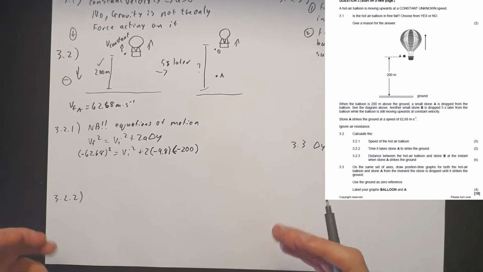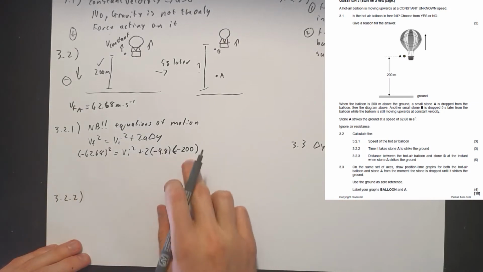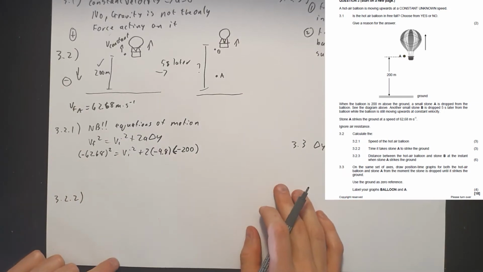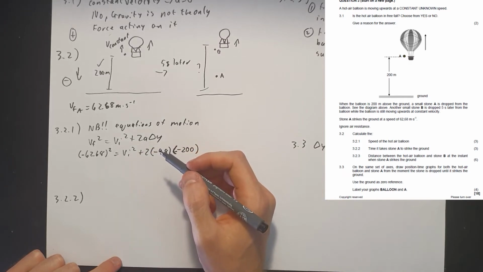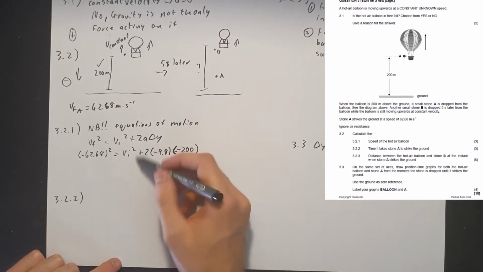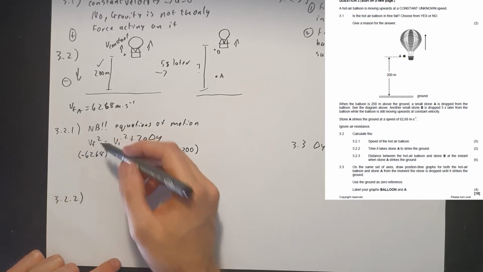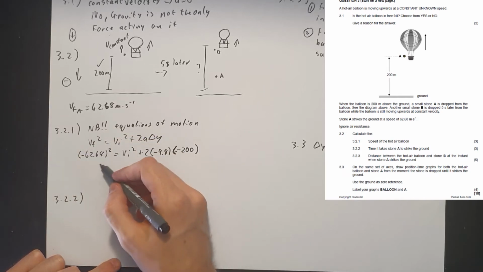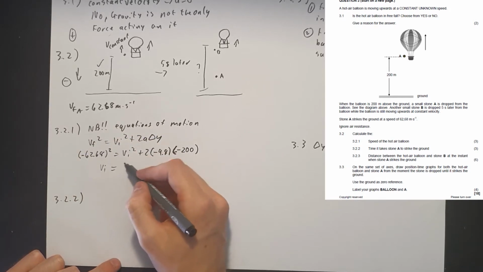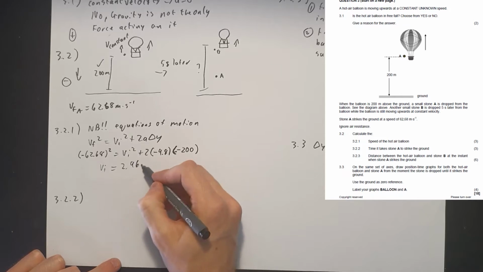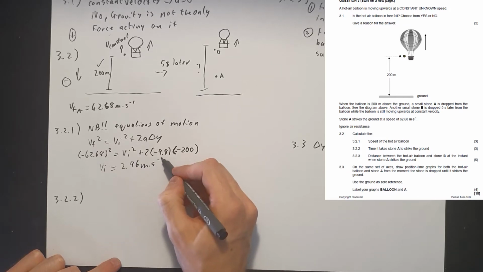If you took down as positive, then all of these just become positive values. If we manipulate, take that over and square root everything, you'll get V initial equals 2.96 meters per second.